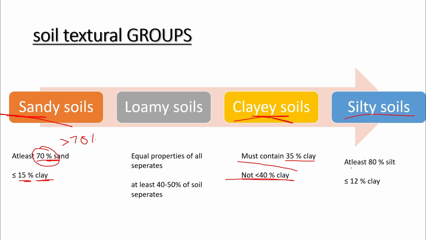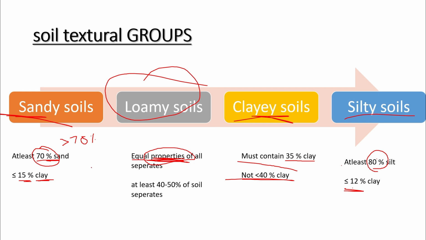Next is silty soil. Silty soil contains at least 80% silt. Here it is 70% sand, but in the case of silt it is 80%, and the clay content is less than or equal to 12%. Coming to the loamy soil, it contains equal properties of soil separates. We can't say that it contains an equal amount of all the soil separates, but it shows equal properties. This property is important.